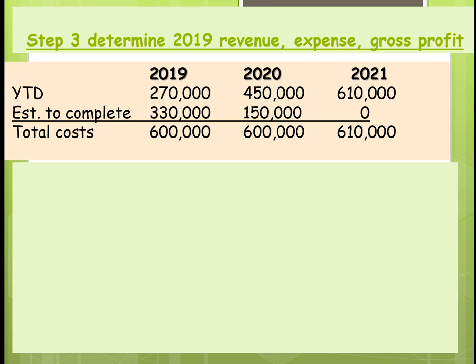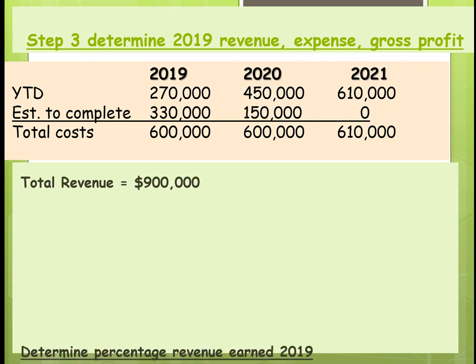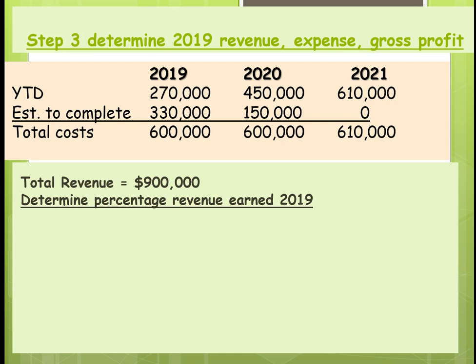So, here we go. Total revenue is $900,000. Determine percentage revenue earned 2019. In 2019, we would take the $270,000 divided by the total cost of $600,000. That tells us that it's 45% complete.